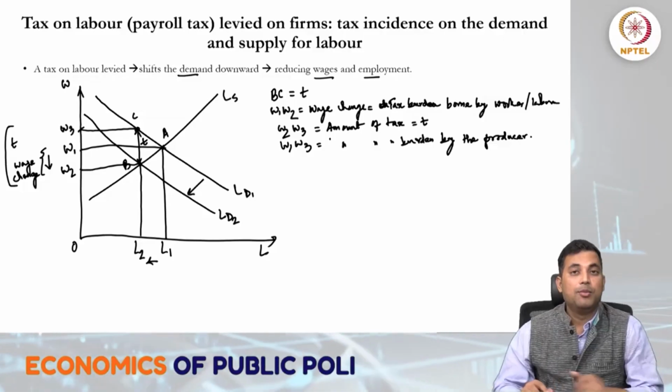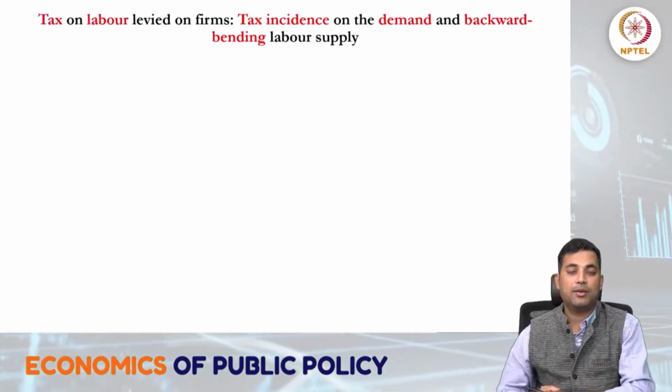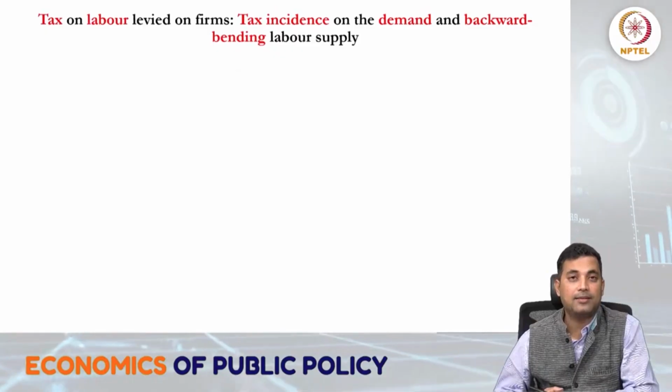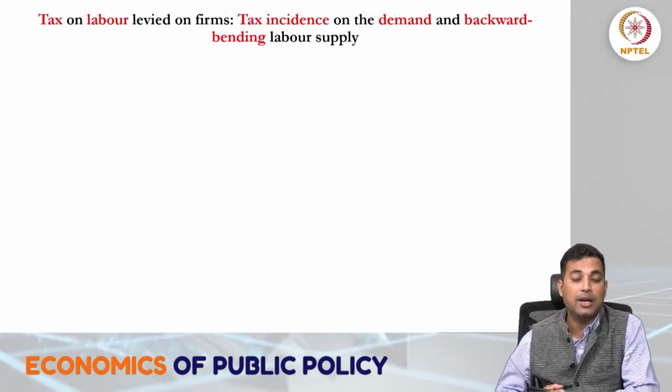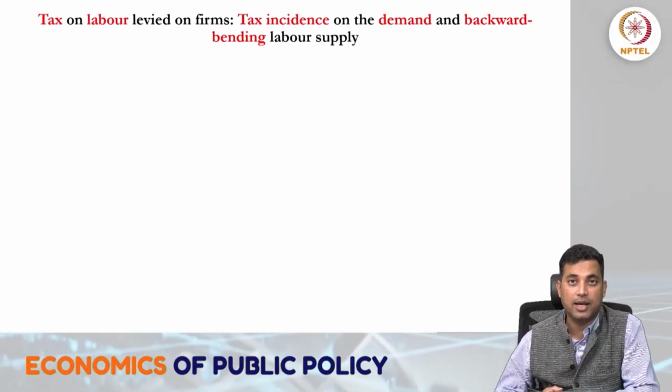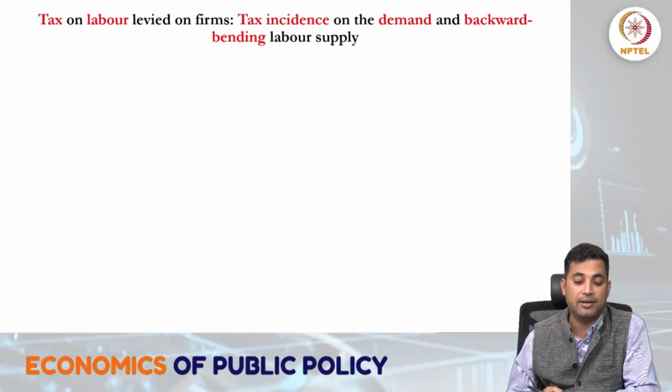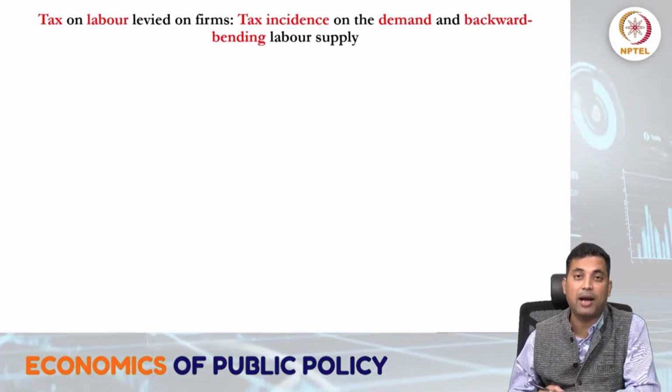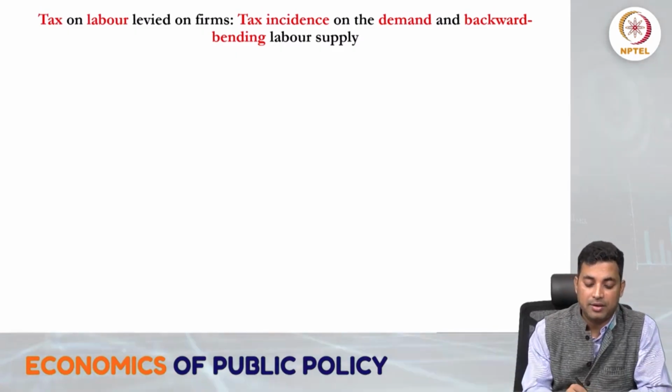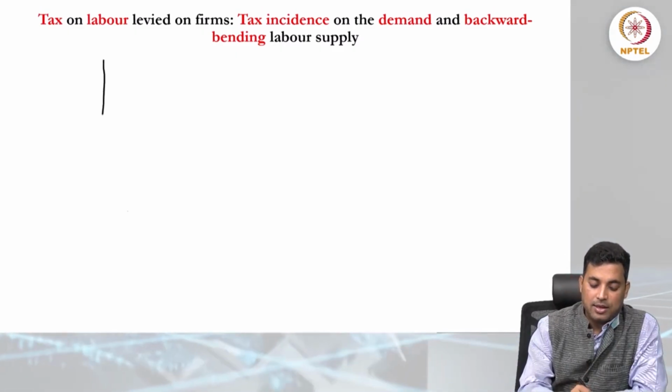So now let's move to the next, where we can see the tax on labor levied on the farms, and we are trying to understand the tax incidence on the demand and the backward bending supply curve. So let us understand this.